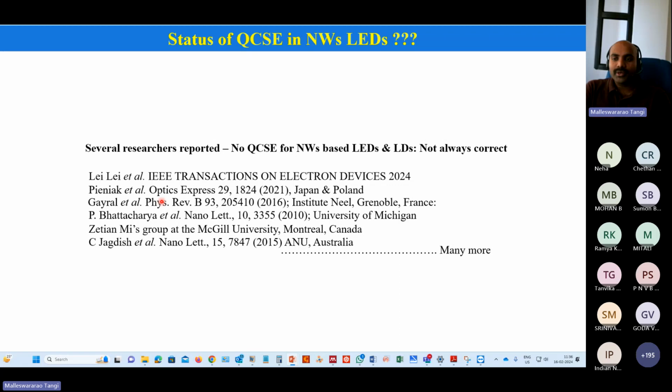This compressive or tensile strain will change energy levels within the quantum well region. So basically, when you apply an electric field, the energy splits. That is called the Stark effect. If this happens in the quantum well region because of the strain or whatsoever, it is called the quantum confined Stark effect. So we observe this even in nanowires.